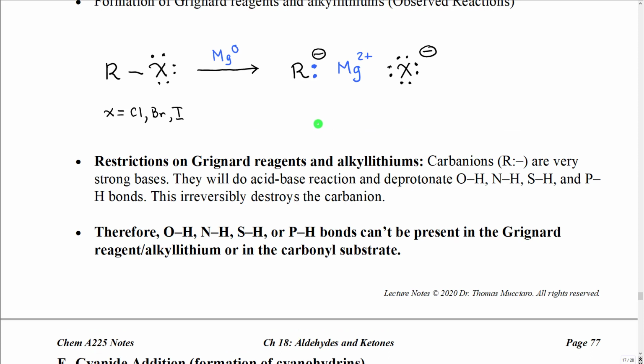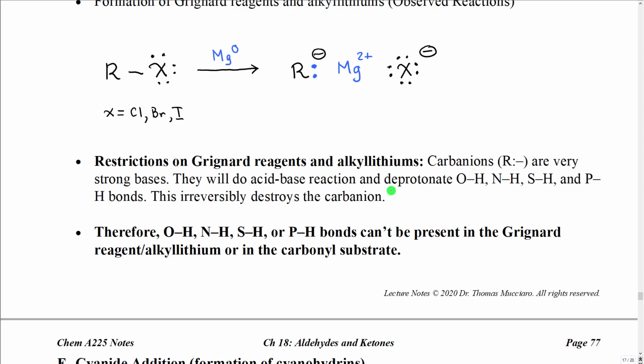Now, Grignard reagents and alkyl lithiums are excellent reagents. However, they do have one problem. They are very strong bases. And so if we put them in with anything that is even a moderately weak acid, they're going to do acid-base reaction instead of doing carbon addition.